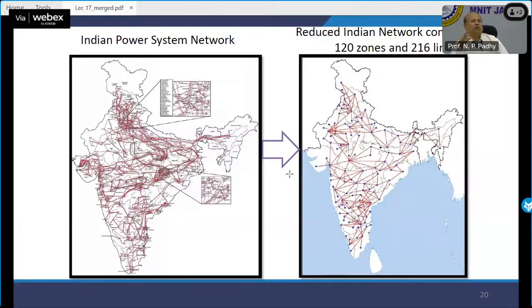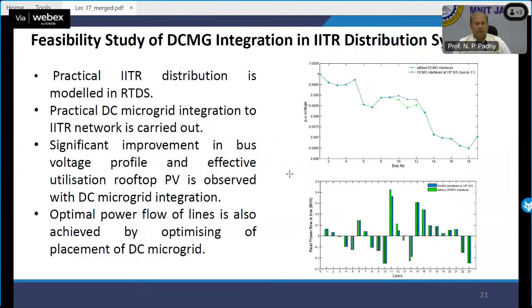So instead of saying no to real-time analysis, power hardware-in-loop simulation can be carried out, and millions of microgrids for the Indian grid is possible. But we need some smart reduction technique and smart simulation technique to achieve it. Then we moved to the feasibility study of DC microgrid integration at IIT Roorkee, because considering the challenges, we had reduced it, but then we realized it is not the exact one, okay?